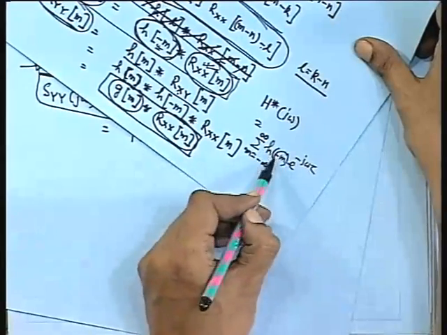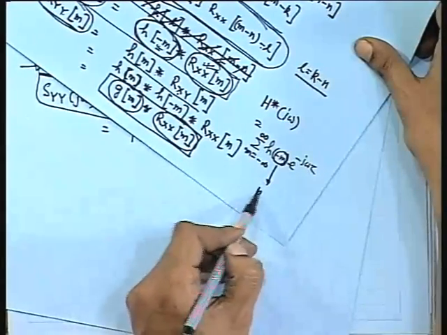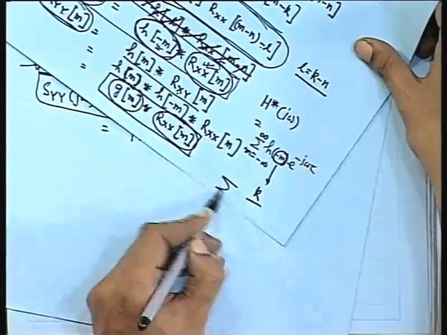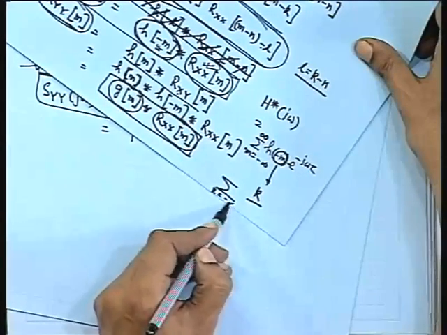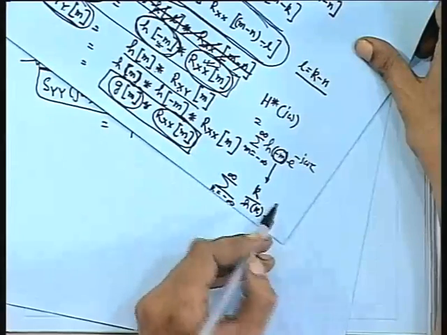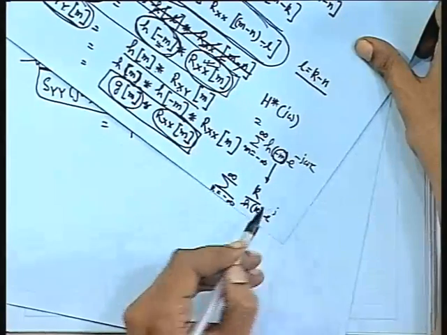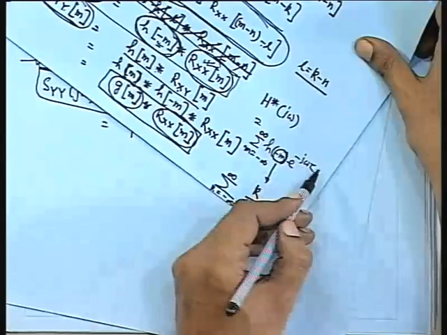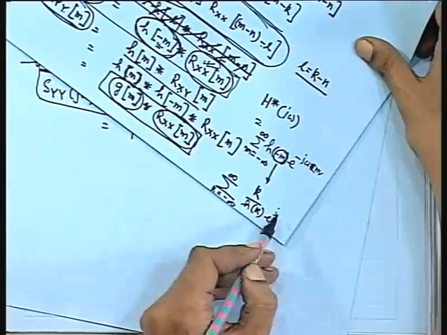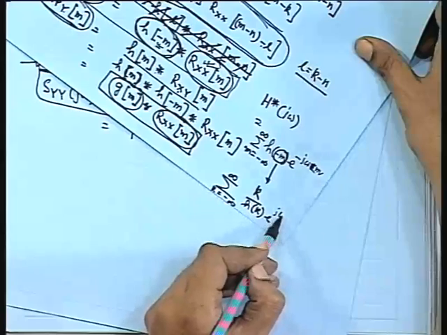Now you put let minus m be equal to k. Then again you will get the sum over k equal to minus infinity to plus infinity of h k e to the power, now you will get j omega m, so it will be plus j omega k.